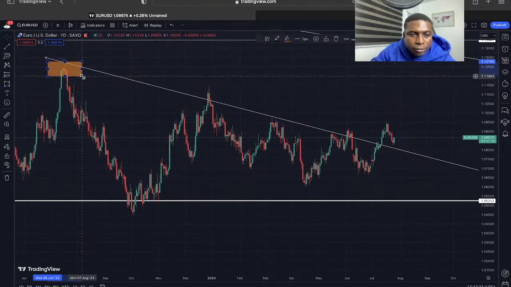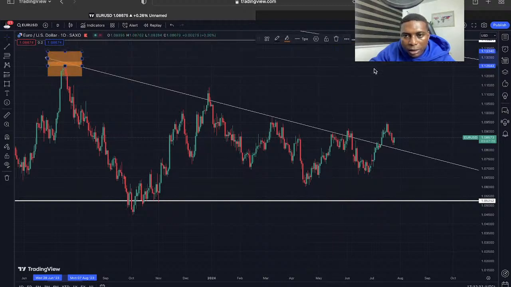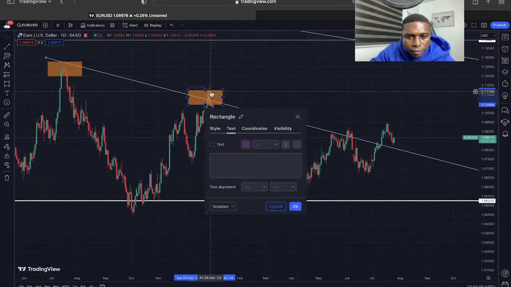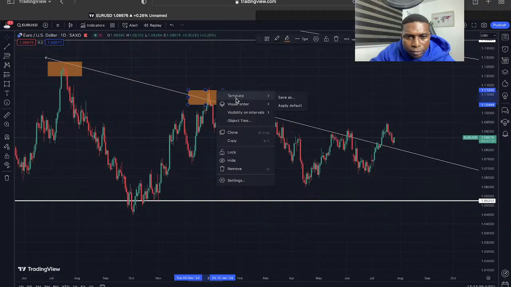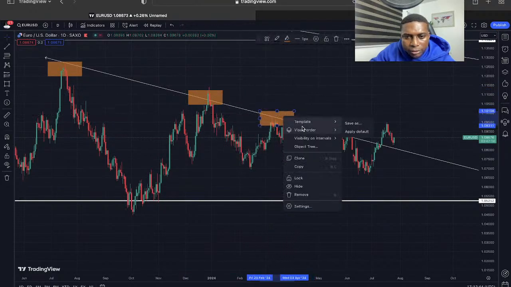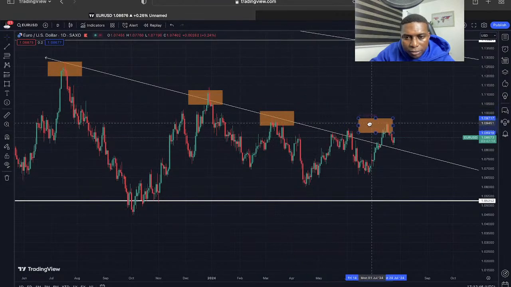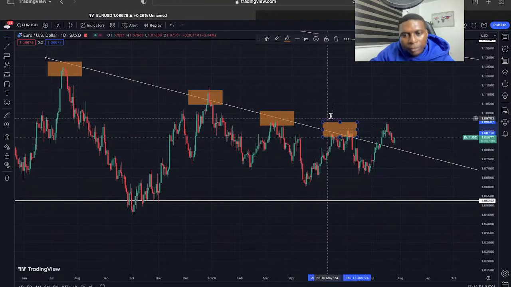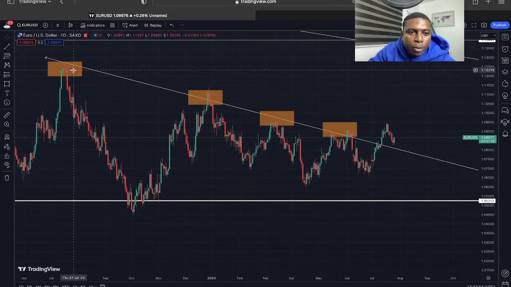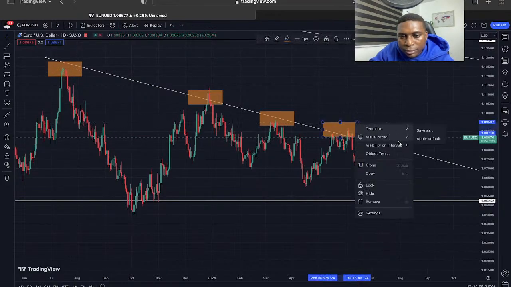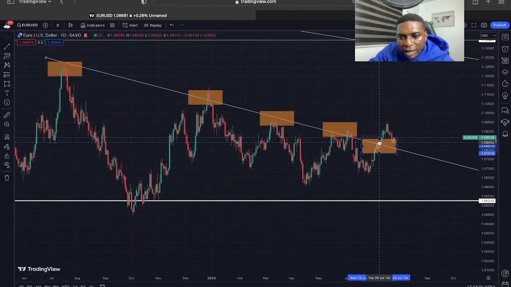Good. I'm mapping it up so we can see. Now, this was supposed to be that next higher low.